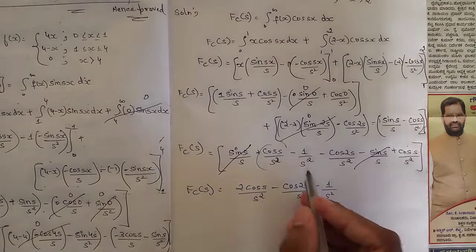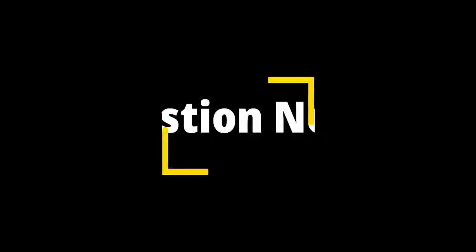So here we can see that 1 by s square is common for all the terms. Take that outside and the final answer which we get is equal to 1 by s square into 2 cos s minus cos 2s minus 1. So this is your required answer.